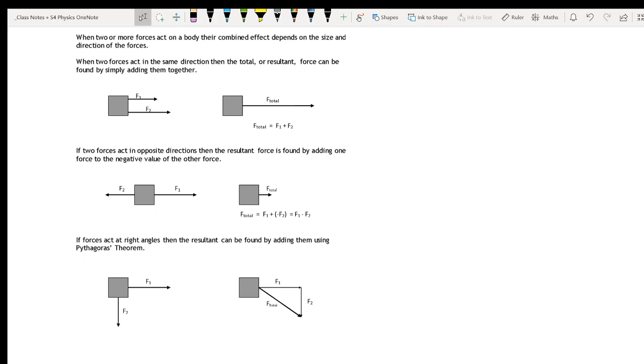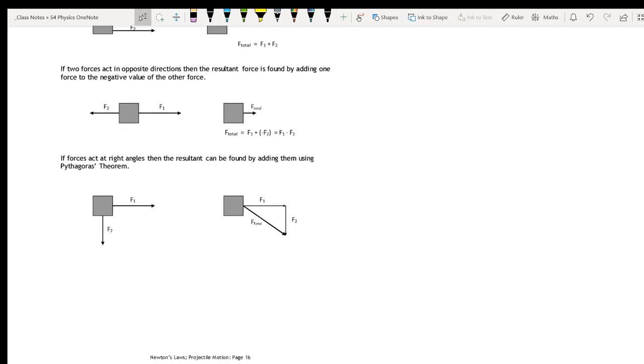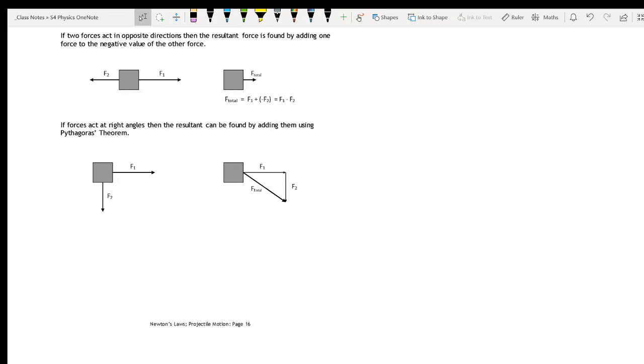If they are at right angles, then the unbalanced force is found using Pythagoras' theorem. So if you've got something going in this direction, something in that direction, then your unbalanced force would be somewhere in the middle, wouldn't it? It'd be pulling it sort of in the middle. So you can find that unbalanced force by using Pythagoras' theorem.